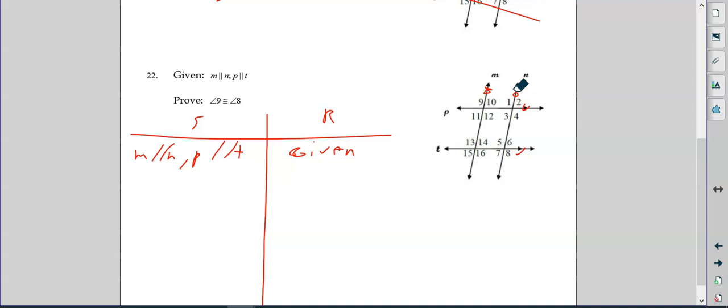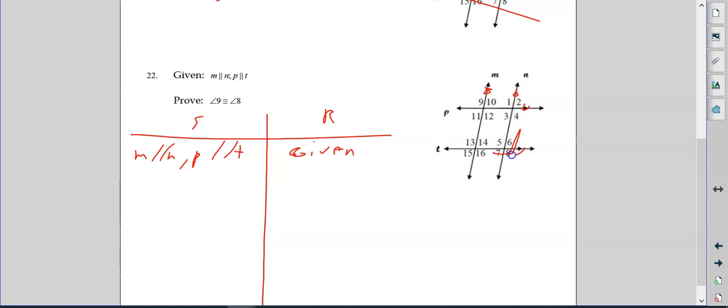Okay, so angle 9 right here, we need to have a choice. There's going to be the possibility of going down this way and then going to 8, or we could go this way and go to 8. So let's just talk about it before we do any proofs. If we went 9 to 1, we would say 9 and 1 are congruent because they are corresponding angles.